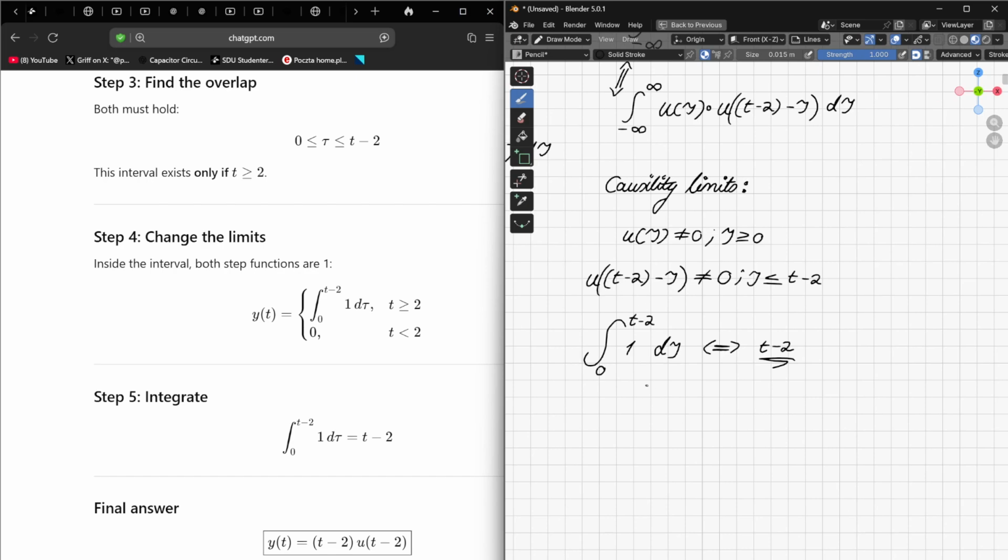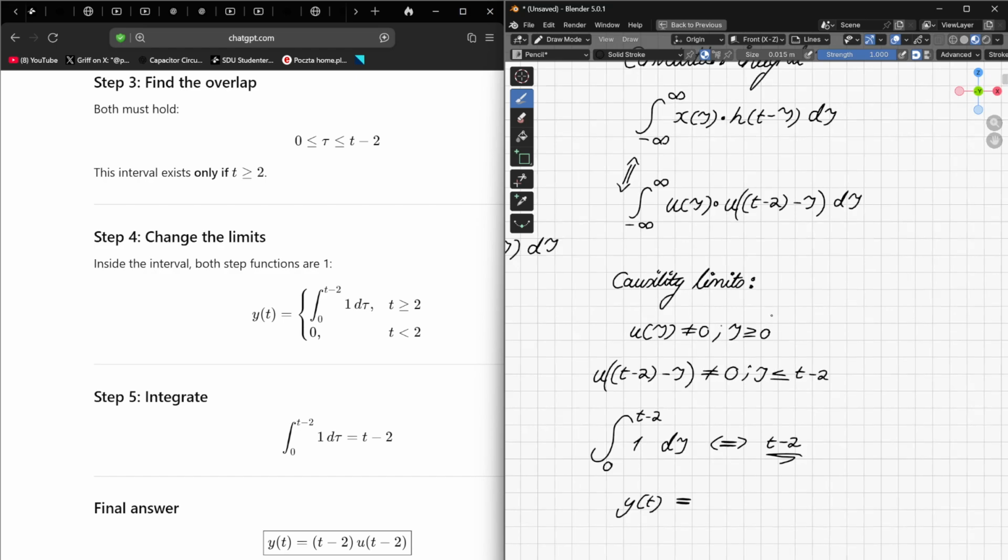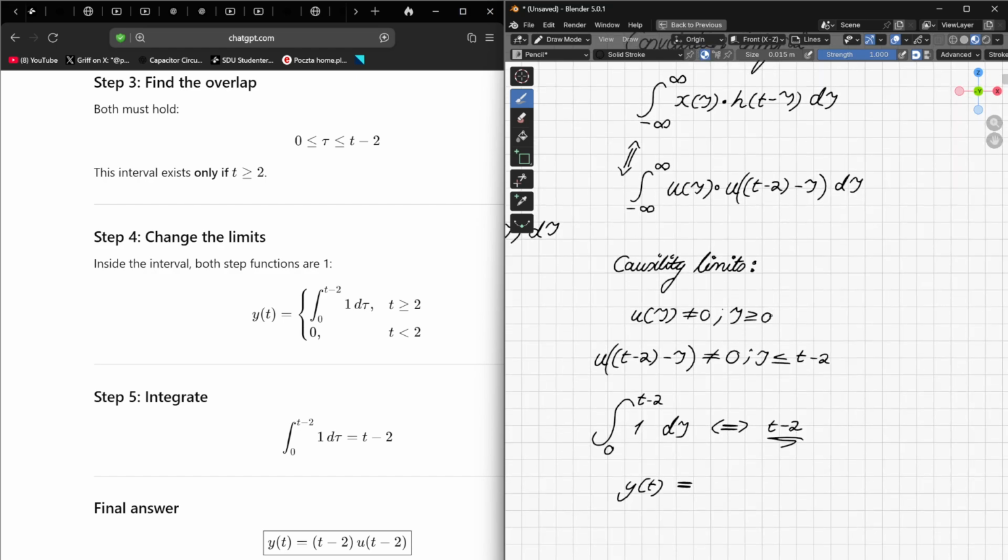And then the last thing you need to do is just put this in. y(t) equals, like that, (t minus 2) times u(t minus 2).